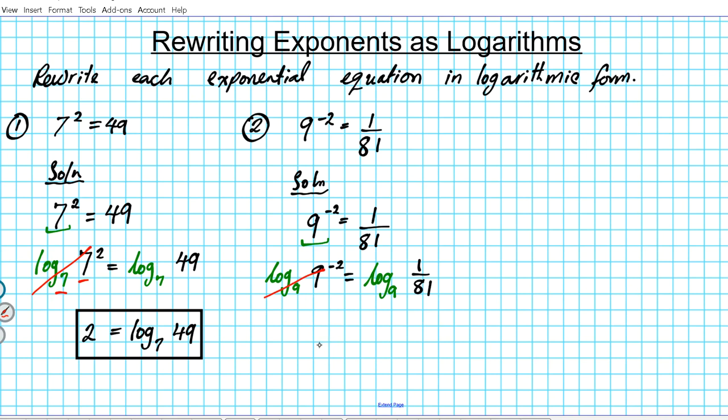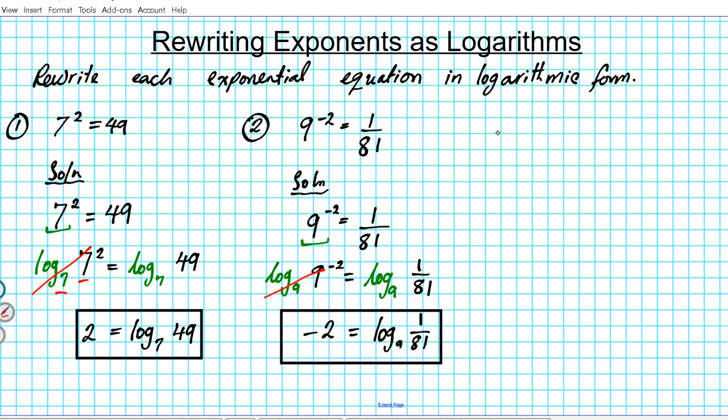And we're left with the final answer, -2. Just bring down the power. -2 is equal to log base 9 of 1 over 81. Ladies and gentlemen, that's the answer to question number 2, the logarithmic form that's equivalent to this exponential equation.